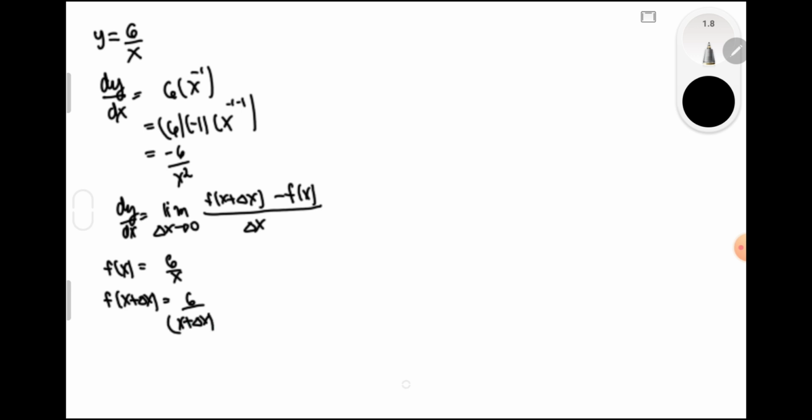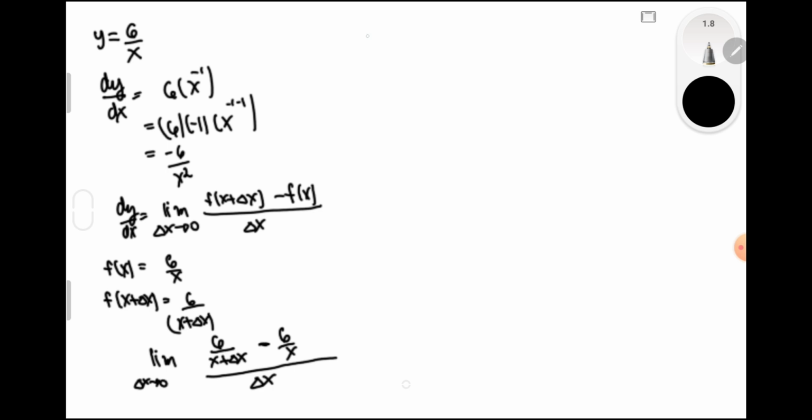So considering this one, we'll plug this into our formula. We'll have a value of our limit of 6 all over x plus delta x minus 6 over x, divided by our delta x, as delta x approaches 0.